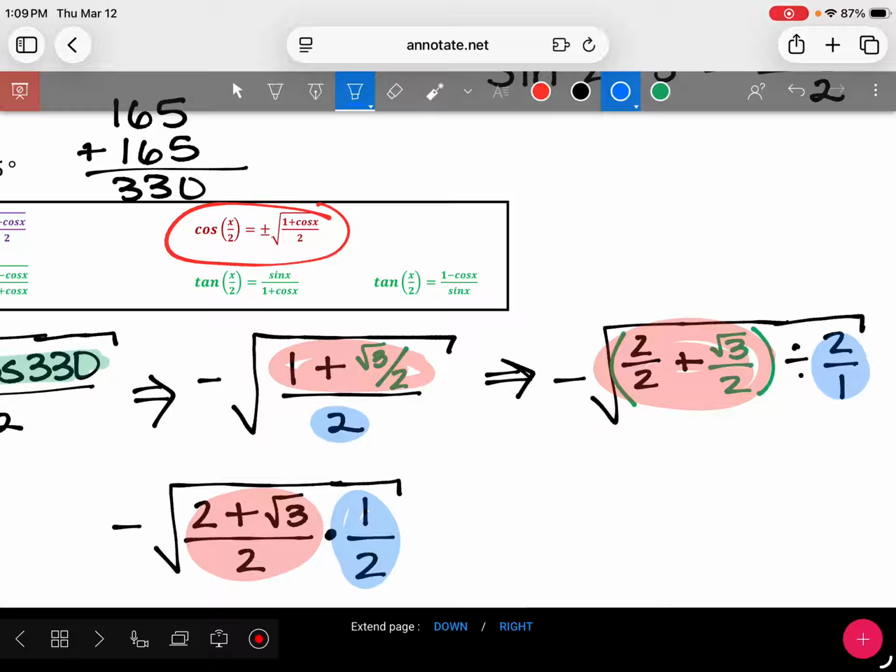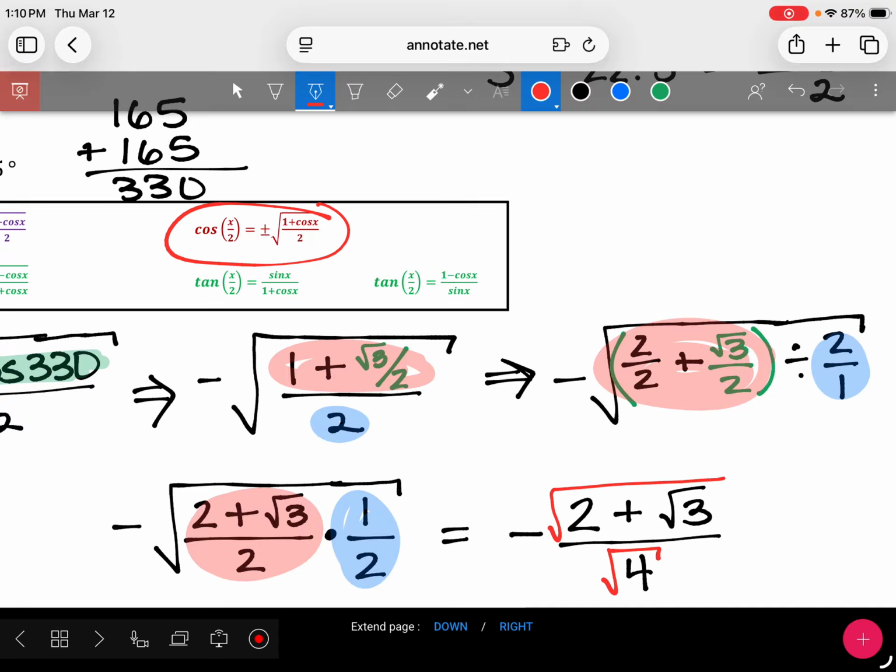So now we're ready to multiply straight across. So we got a negative in the front. And I'm actually not going to put my square root on there. Sorry, I just forgot about it. So I got 2 plus root 3 all over 4. And the reason why I didn't want to put a big square root is because now I want to separate it into 2 square roots.